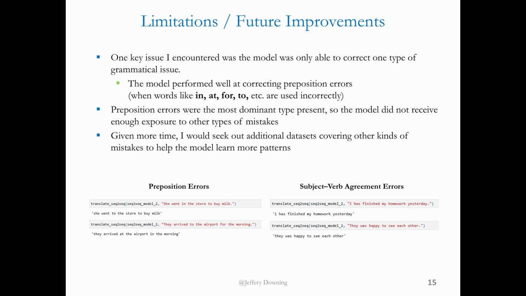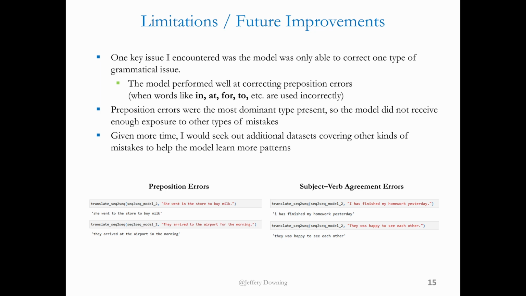One key issue I encountered was that the model was only able to correct one kind of error. The model performed well at correcting preposition errors, which is when words like in, at, for, or to are used incorrectly. These were the most dominant error type in the training set, and so the model did not receive enough exposure to other types of mistakes.